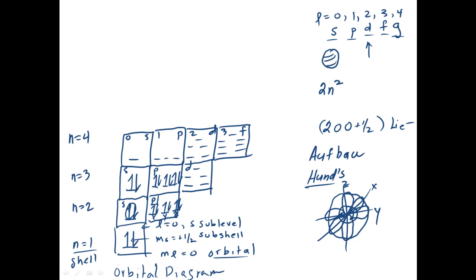So potassium, because it's the first element in the fourth period, and we know that the first two groups fill up the S, potassium's electron goes here in the 4s, spin up, and then calcium's goes here in the 4s, spin down. Again, you should be able to tell me what the 4 quantum numbers for that electron are. They would be 4, 0, 0, -1/2.